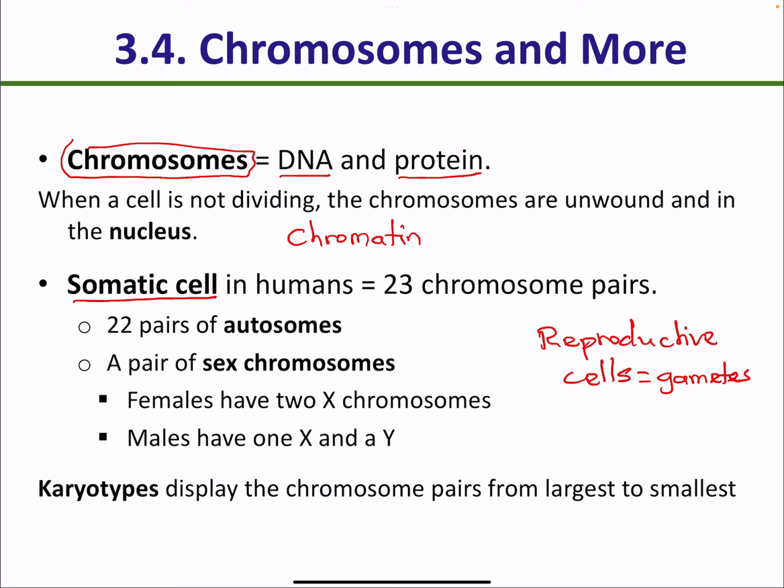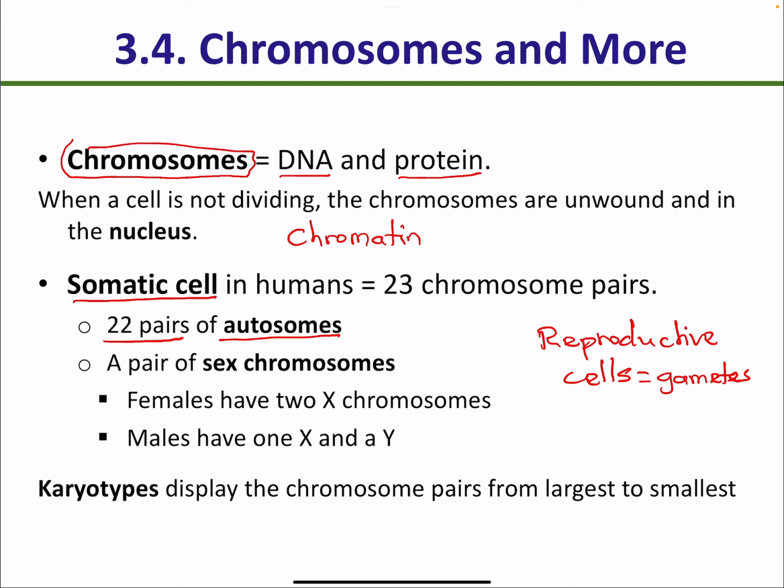Out of these 23 pairs of chromosomes, you are going to have 22 pairs that we call autosomes. These autosomes are chromosomes that are not associated with sex characteristics. For instance, the development of breasts, the development of hair in your pubic area, in your armpits, right?